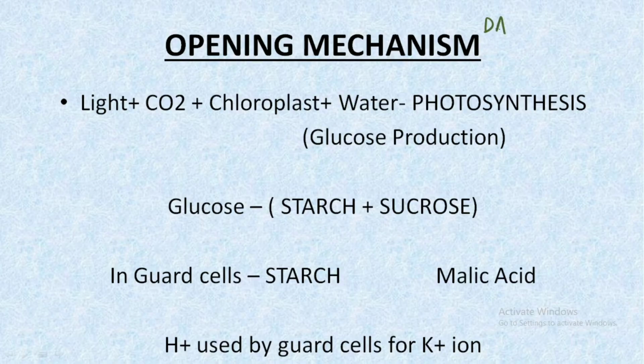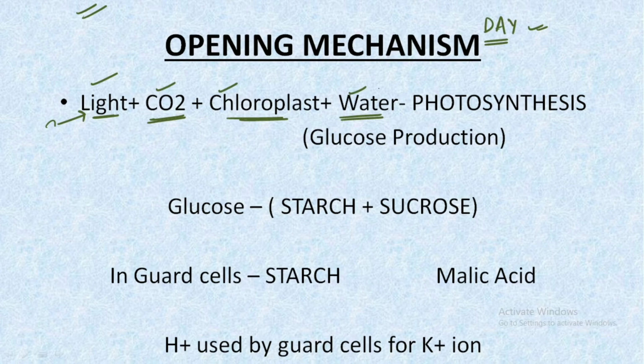So we would be understanding that this complete mechanism of opening is occurring during the daytime. In the daytime we have the presence of light, carbon dioxide, chloroplast, and water, and these are the four raw materials required for photosynthesis to occur.